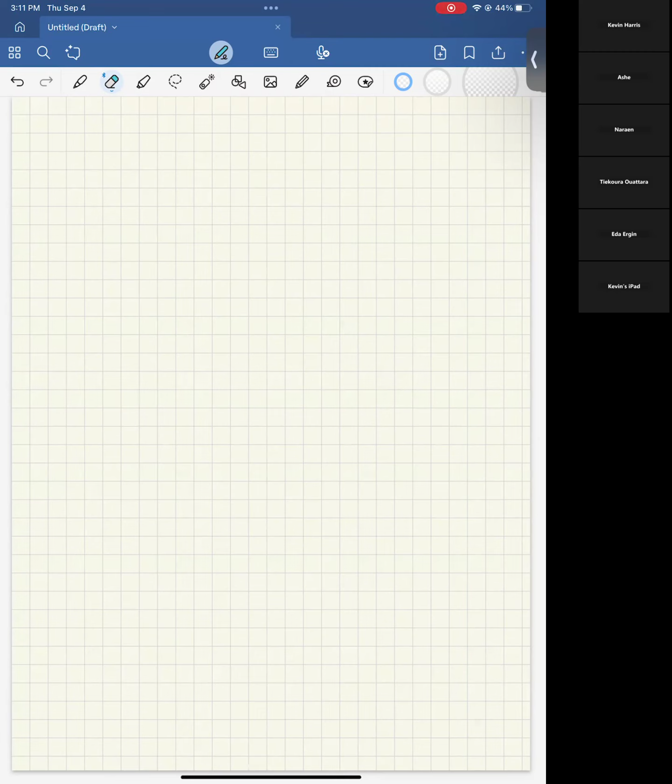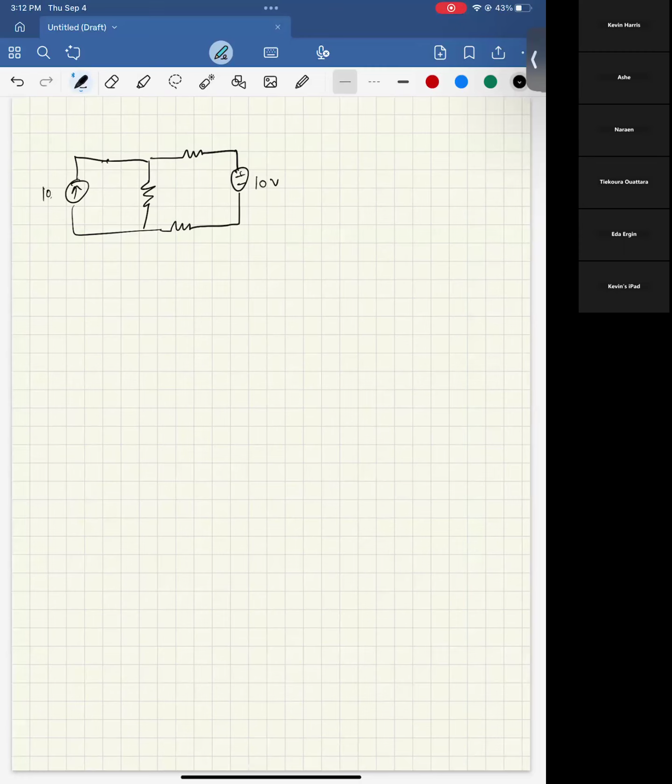Yeah, I'll do this. So give me a second to draw out the circuit. So actually, I'll leave these off for now. Okay. And then this was 3 ohms.